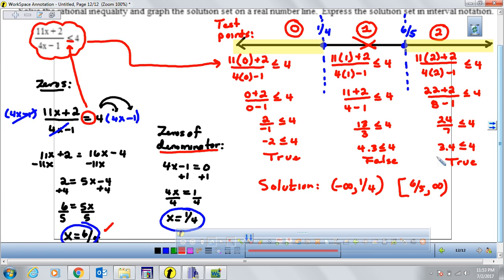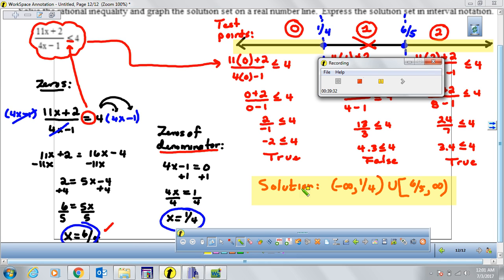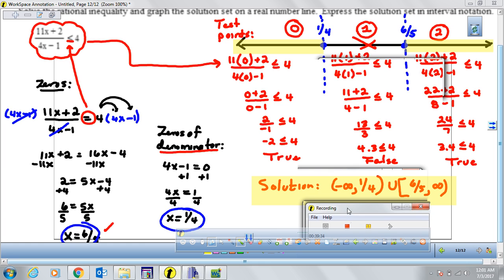So 6/5 is going to be included as part of the solution. Okay. And of course, the union symbol. So this is the solution for this inequality. Okay. So this problem concludes section 3.6, which is polynomial and rational inequalities.